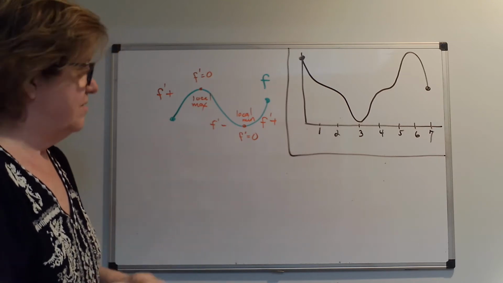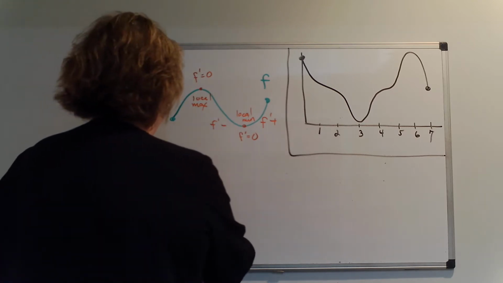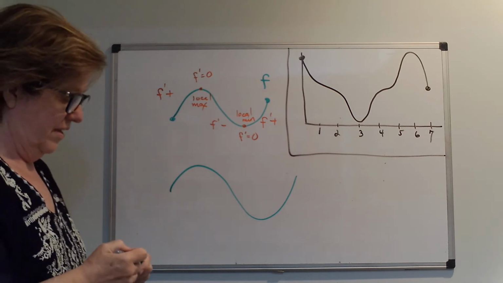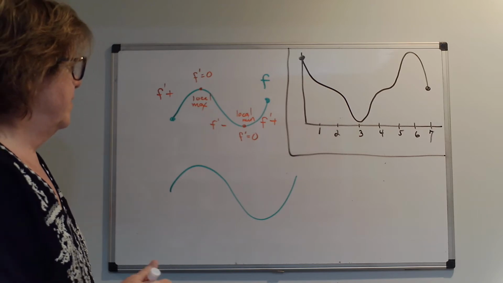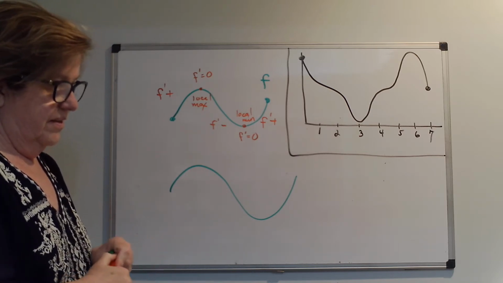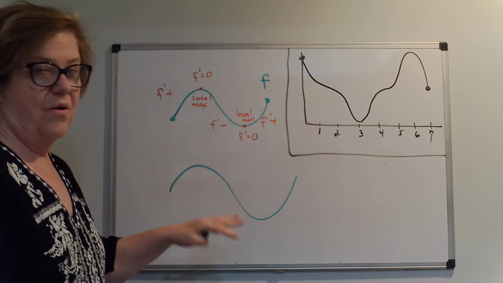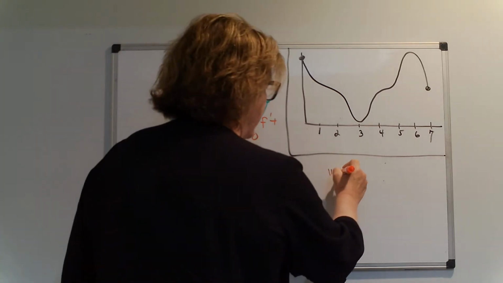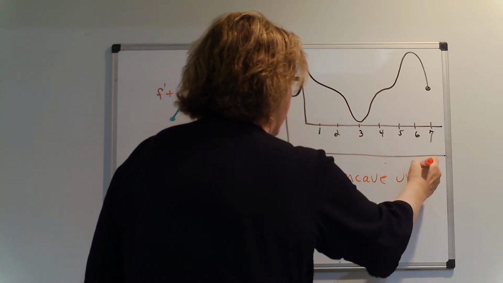Okay, let's look at the relationship between the second derivative and the function. So now we're going to look at the second derivative. Now, what you need to know is we can call a graph over an interval, a function over an interval, concave up or concave down.